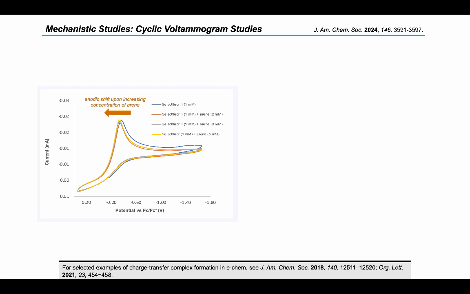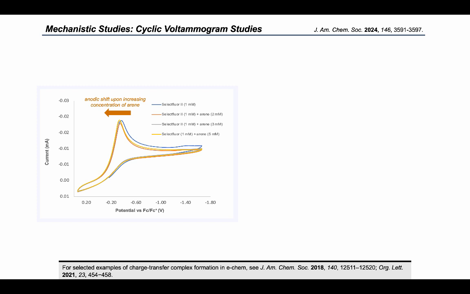From a solution of Selectfluor 2, CV analyses were performed with an increasing amount of arene concentration using fluorobenzene as representative arene. The resulting CV profile showed an anodic shift upon increasing arene concentration, a distinct characteristic of a charge transfer mechanism between the electrochemically generated dicationic nitrogen radical with arene through a reversible nitrogen radical cation-pi interaction.